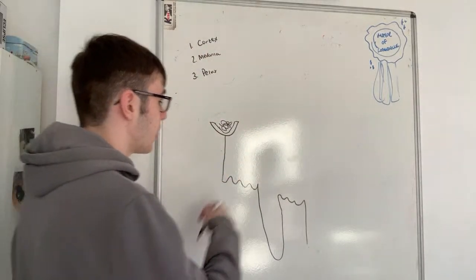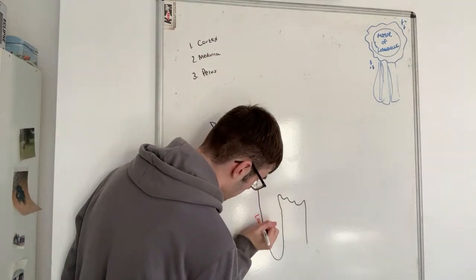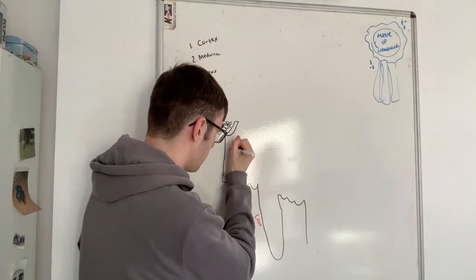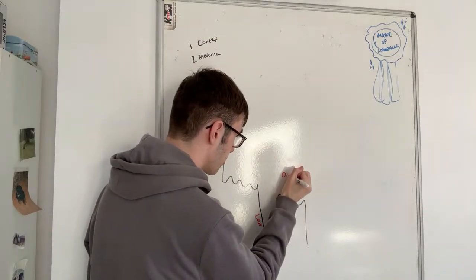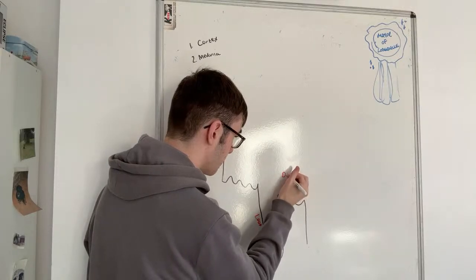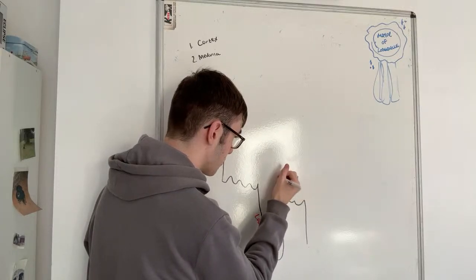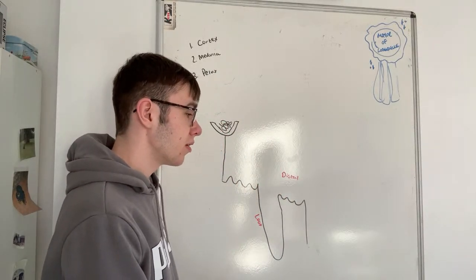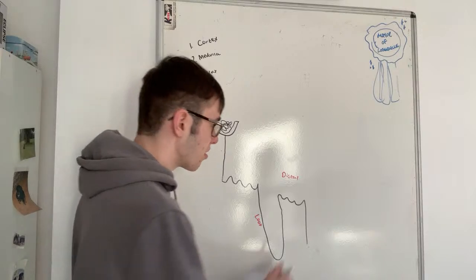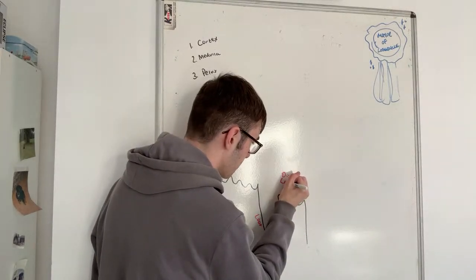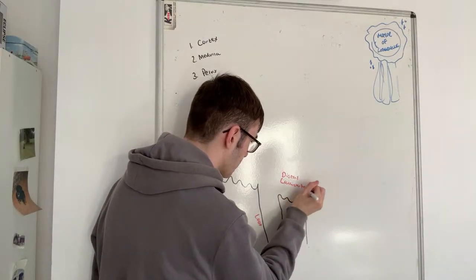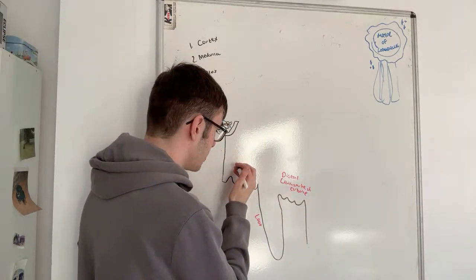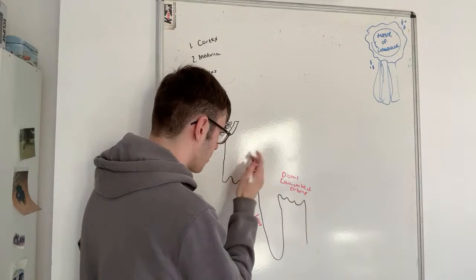So we have our loop of Henle. This is our distal convoluted tubule, DCT. That's it. And this is going to be the something convoluted tubule.